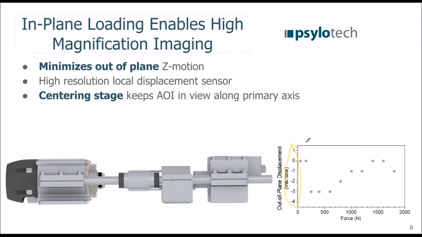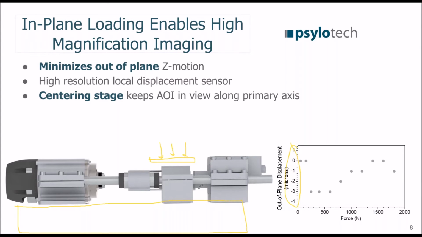Specifically, in the paper that we reference here, they use a large-scale MTS or Instron type load frame with just a tripod-based camera. So minimizing the out-of-plane motion allows us to get high-resolution DIC data. And the centering stage, which we actually put under the load frame, allows you to center any arbitrary point along your specimen, whether it be the center, the side, or the extreme edge.